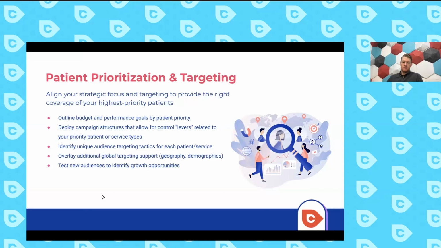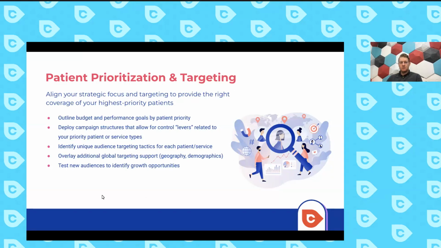The second thing I'll say is deploy campaign structures that give us the levers we need to control that volume, right? We don't want all these things bucketed into one campaign group. Let's make sure if injectables is less valuable, it's in a campaign where we can set its own budget and drive the right volume there. And then separately for surgery, for example, we can also attribute the right goals, efficiencies, and budget there as well.